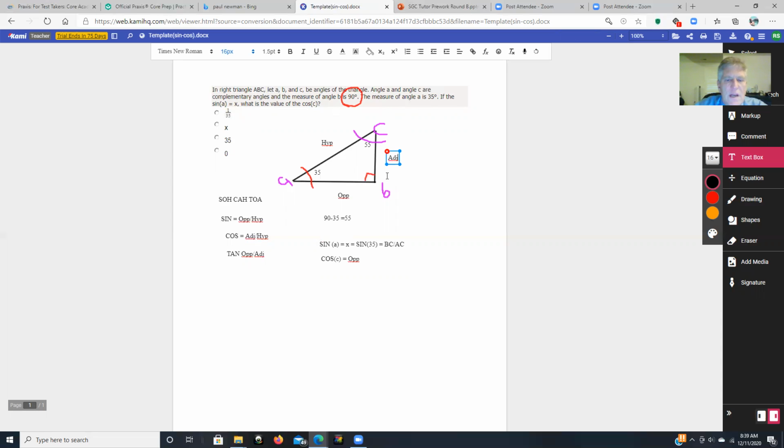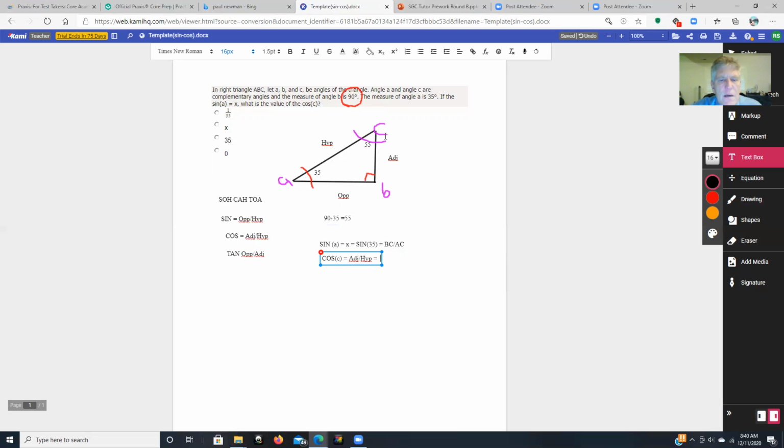For cosine, we're going to want adjacent over hypotenuse. So let's type that in and then fill in these values.